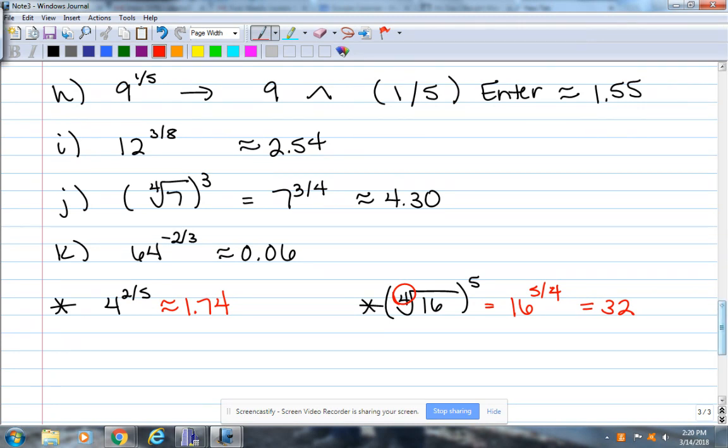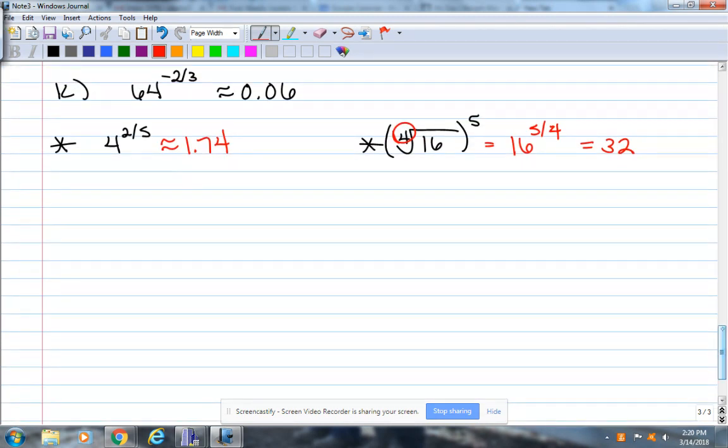All right, so the last thing we're going to do with this is solve equations with nth roots. Nice.